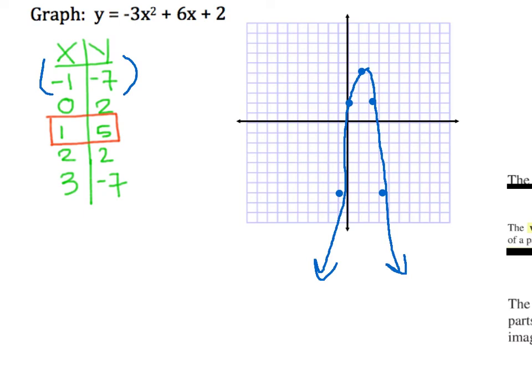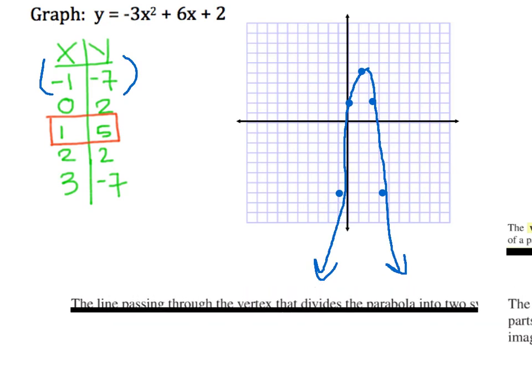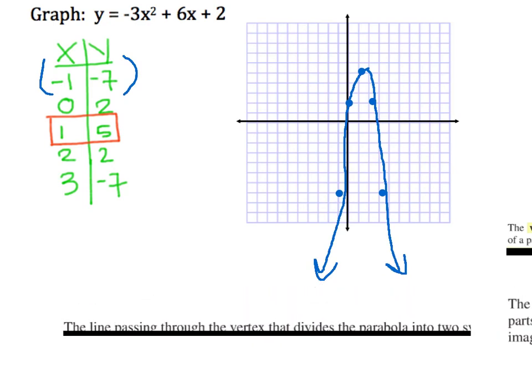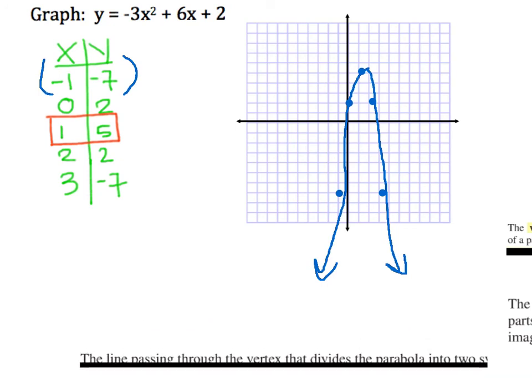So at the beginning, we said that this graph was going to open down, so you can see that it opens down. Here are a few other things that you need to know. The line passing through the vertex is what divides the parabola into two symmetries, or two sections. So if I switch colors here, you'll see that the line that goes straight up and down right here is my line of symmetry. And we said in an earlier slide that the equation was going to be x equals 1.